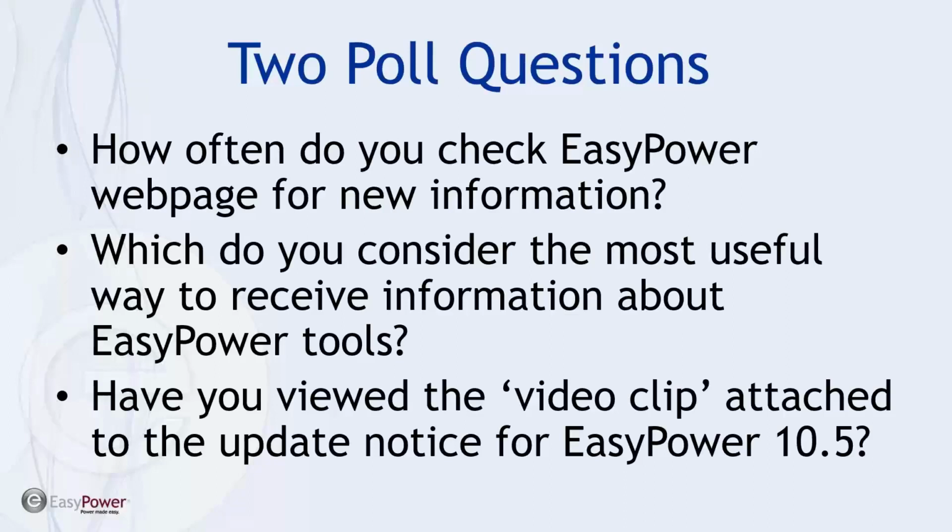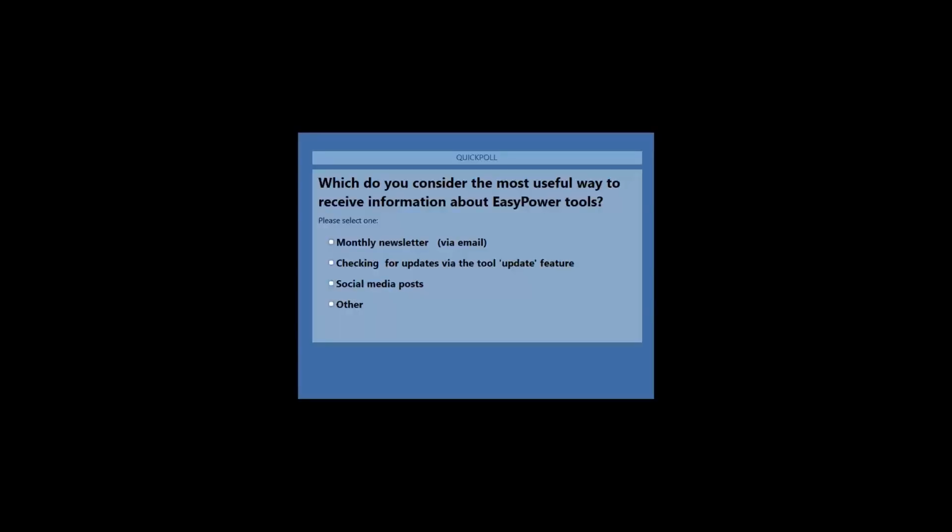And the second question is, which do you consider the most useful way to receive information about EasyPower? This one kind of dates me because I had to ask for help on what other channels make sense, because social media is not one of my top drawer go-tos. I suspect that's primarily me, but it's out there.